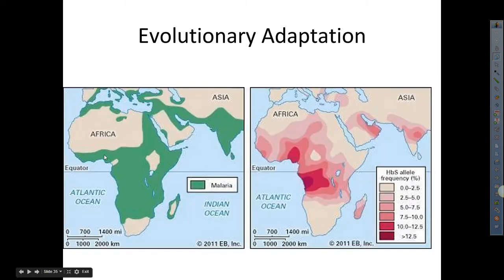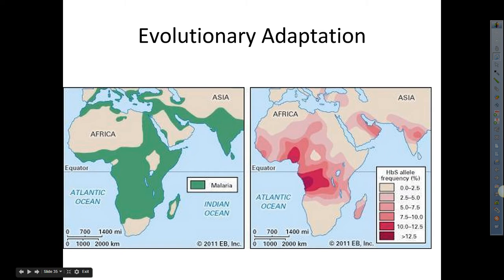And so you can see in these regions of high instances of malaria that the people are also more likely to carry the sickle cell anemia gene. And that's basically because malaria is a blood-borne pathogen that does not like sickled cells. It does not find a good host in a sickled cell.